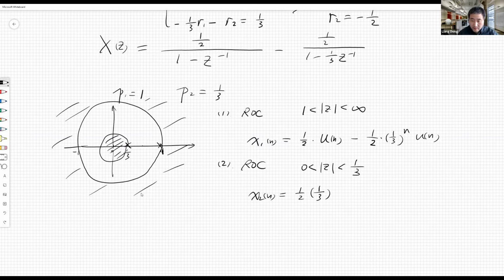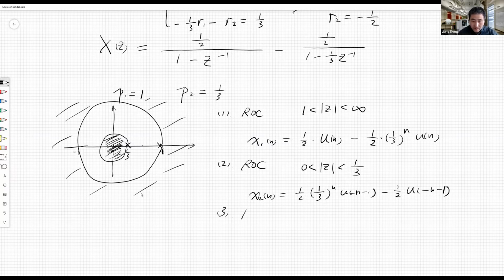The second part is anti-causal, u[-n-1]. And the first part, with a negative sign here, is also anti-causal, u[-n-1]. So the entire thing is within circles, the region of convergence, and I have an anti-causal system.